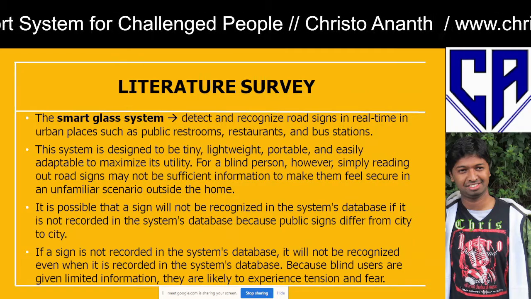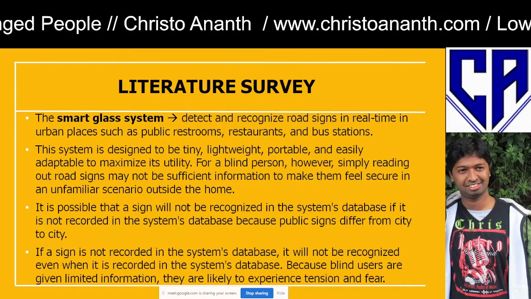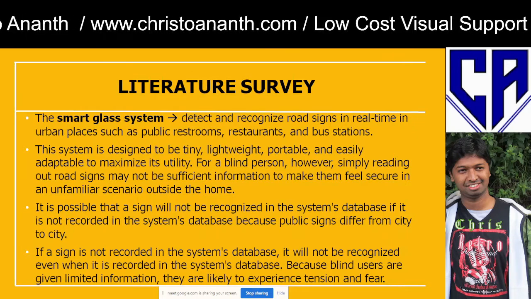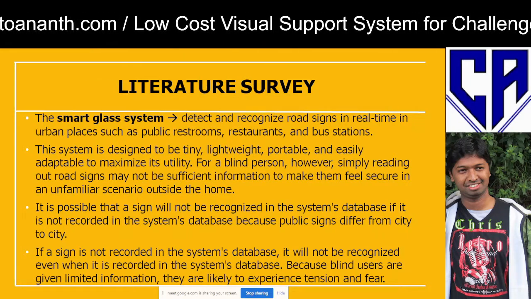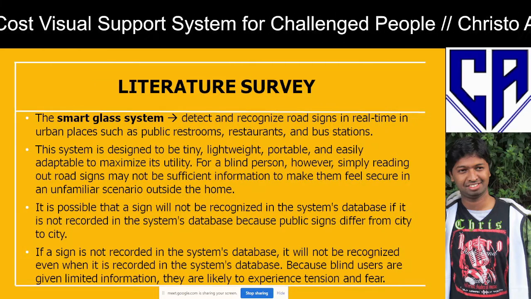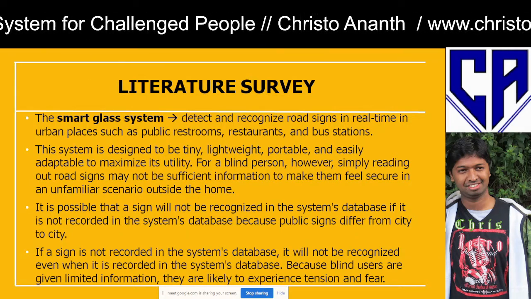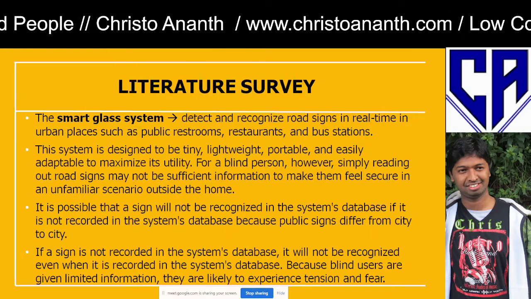There might be a possibility that the sign will not be recognized if it is not actually recorded in the system's database, because public signs will vary from location to location, from city to city. So if a sign is not recorded in the system's database, definitely it will not be recognized. That's the reason we are not giving a comfortable scenario with the smart glass system for blind people.